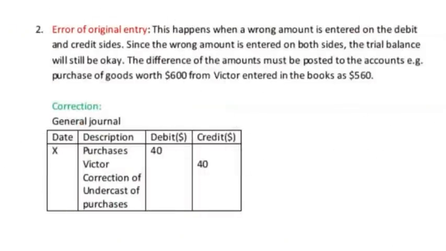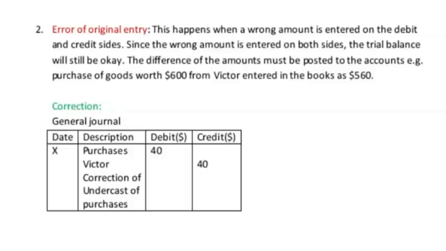Error of original entry. This happens when a wrong amount is entered on the debit and credit sides. Since the wrong amount is entered on both sides, the trial balance will still be okay. The difference of the amounts must be posted to the accounts.